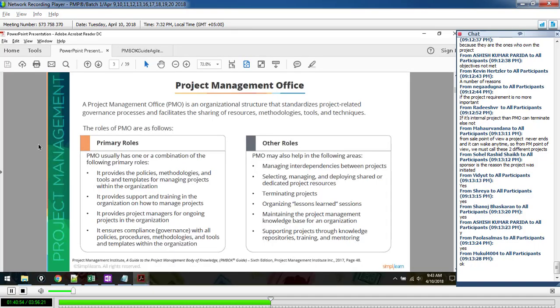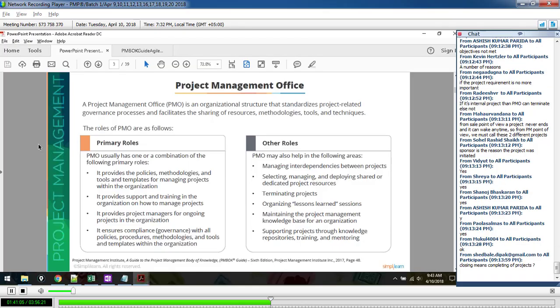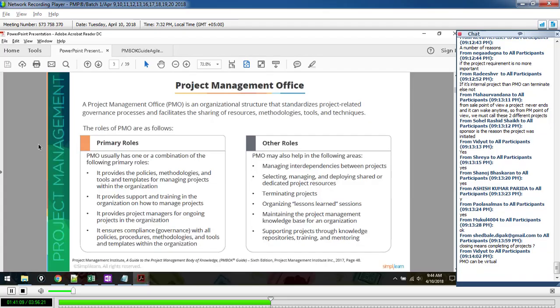This happens because we're smart and we want to be more successful and we want to be more efficient. It's going to happen. This is the way human beings work. And this is why we need them. Closing means completing of projects, yes. PMOs can be virtual. PMOs can be formal or informal. A PMO is sharing templates and supporting each other and training each other. That's standardization, isn't it?